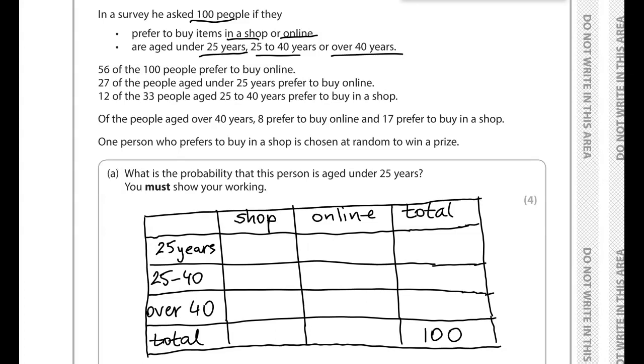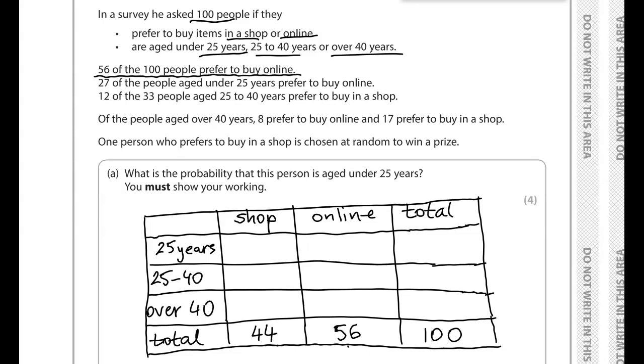So let's fill in these cells. 56 of the 100 people prefer to buy online. So the total for online is 56. That means that 44 prefer to go to the shop, because 44 and 56 makes 100.